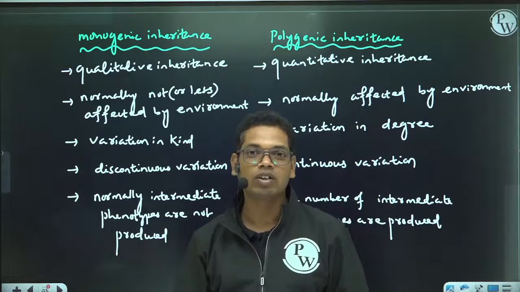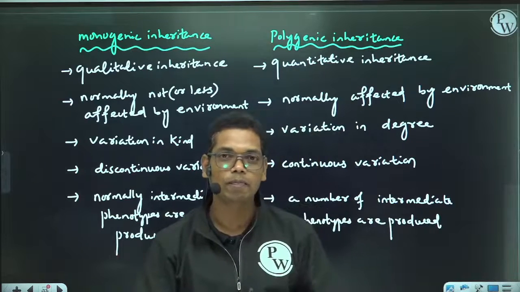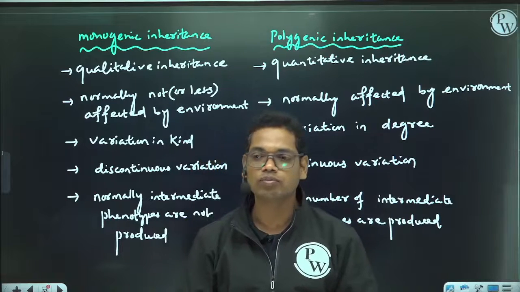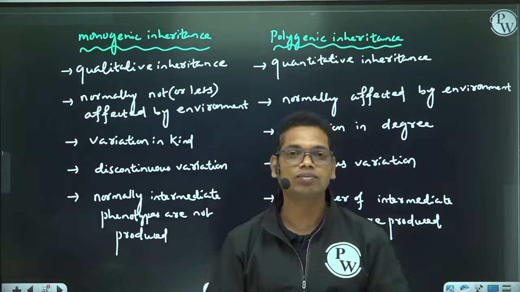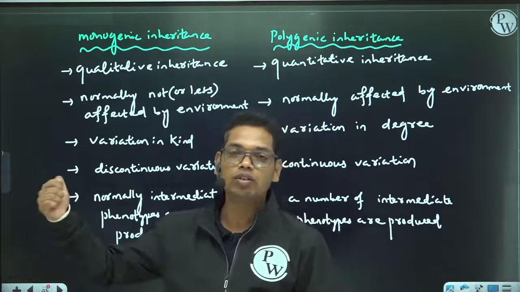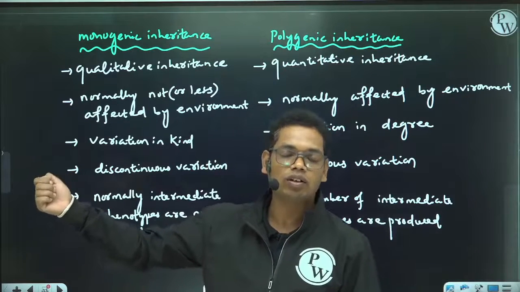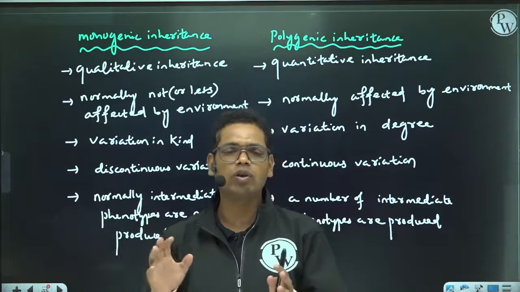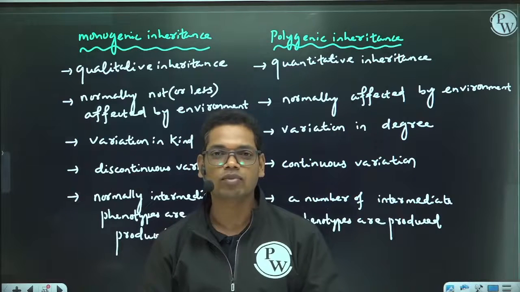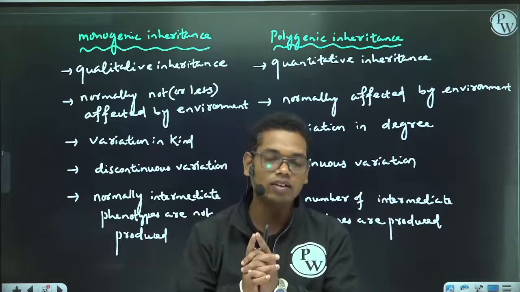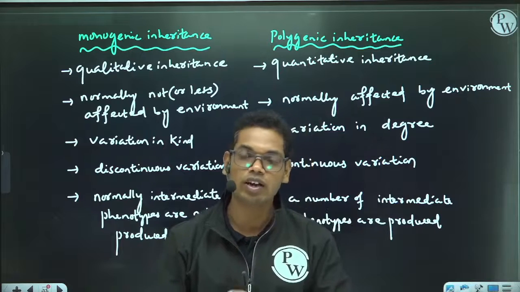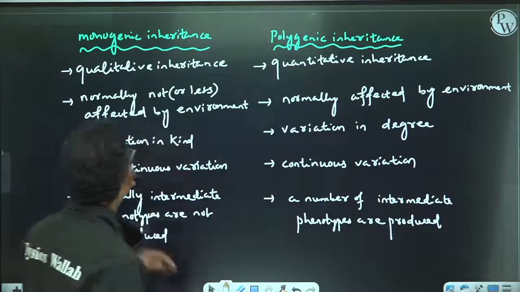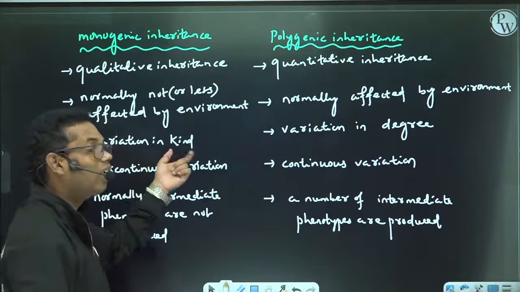But if I take one individual and keep him in down south, the color will be slightly dark, and if I keep him in north like Rajasthan, or in Kashmir, the color will be slightly white. So here the skin color character is controlled by gene as well as environment. Clear? That is why I have written here. And in this case, the variation is in kind.